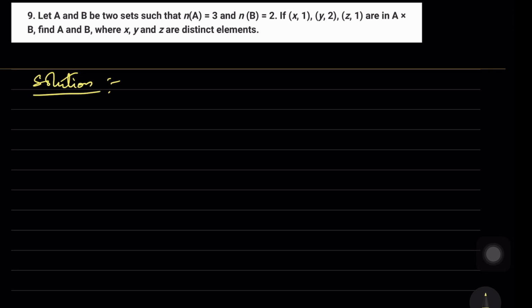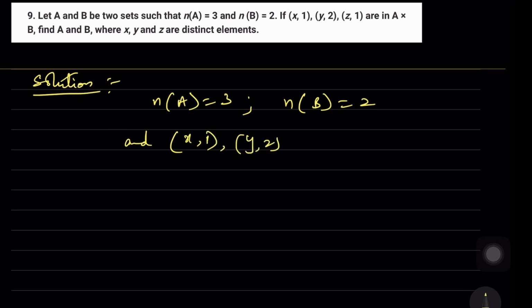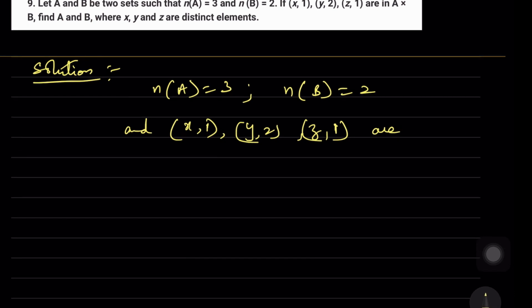So here, n of A is given to us, it consists of 3 elements. n of B is given that it consists of 2 elements, and also we have that (x, 1), (y, 2), (z, 1) are in A cross B.